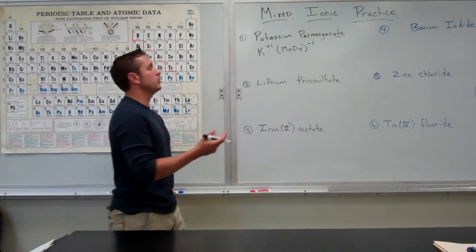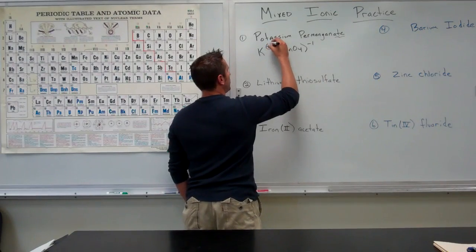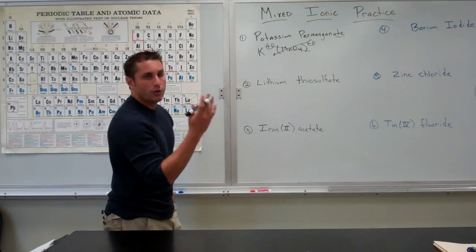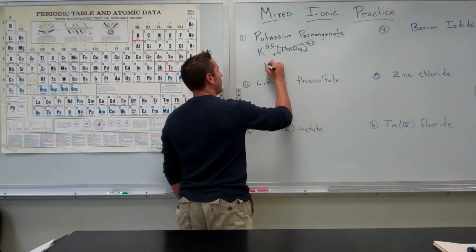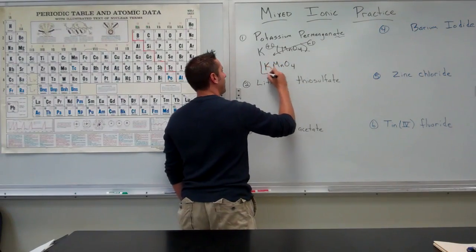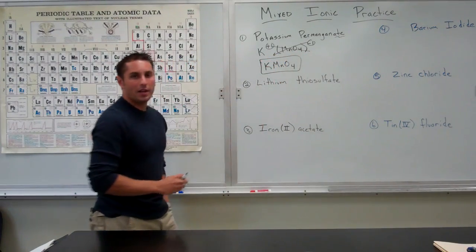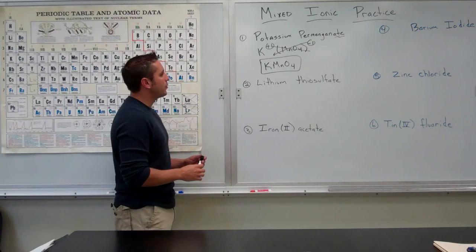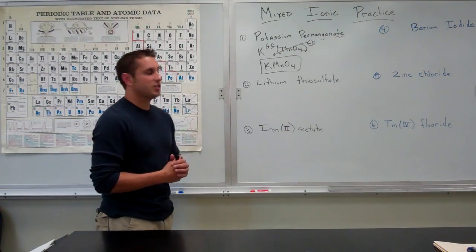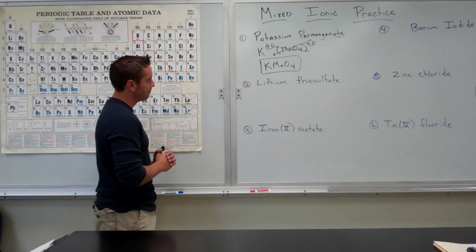So we listed our symbols and charges, and then step 2 is to cross and reduce. So those 1's come down, and I end up with KMnO4, because 1 and 1 cannot be reduced, and we get rid of the parentheses around the MnO4 because there is a 1 outside.